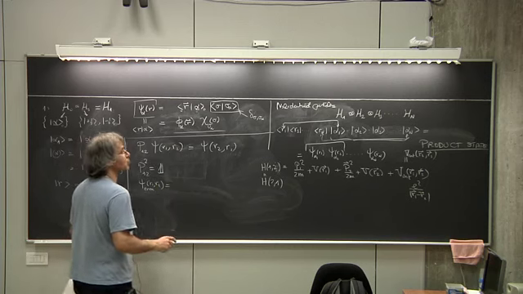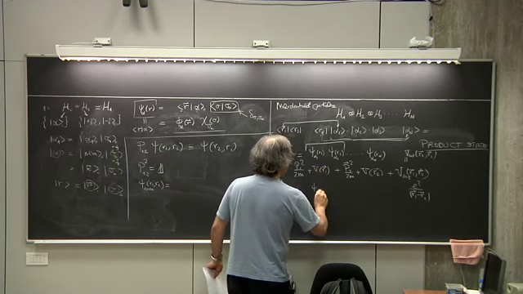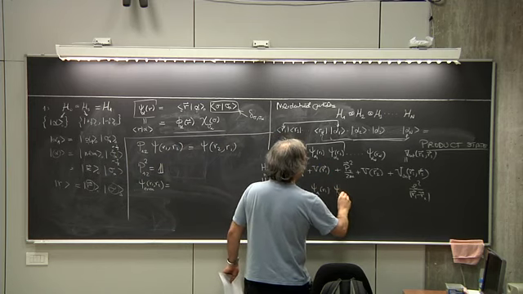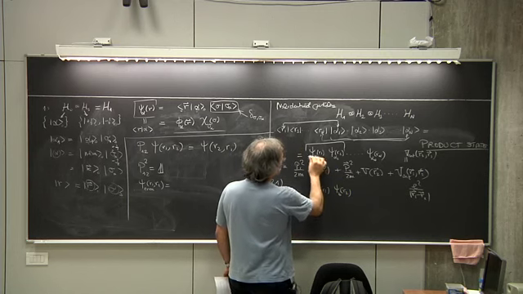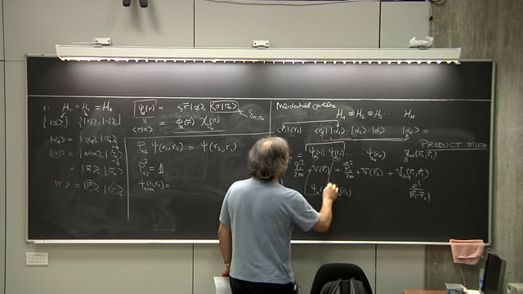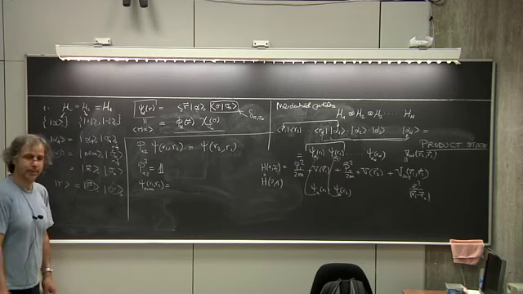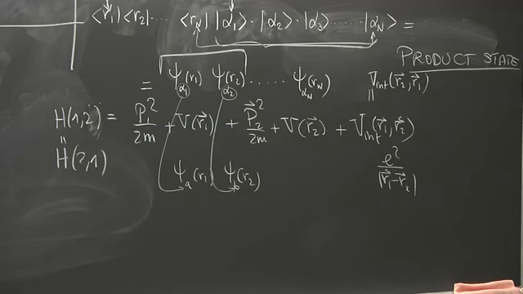Well, for instance, suppose that you have some psi A of R1 and psi B of R2. Okay? I'm making the notation a bit quicker. I'm calling this A and this B. Now, how do I make an even function by taking psi A of R1 and psi B of R2?